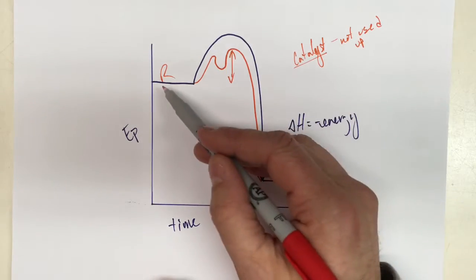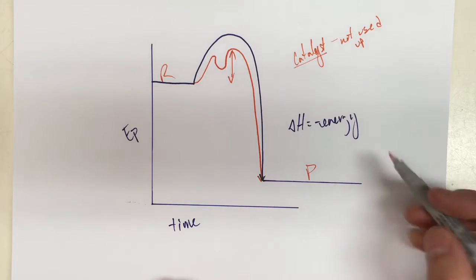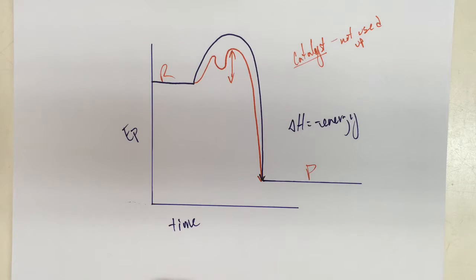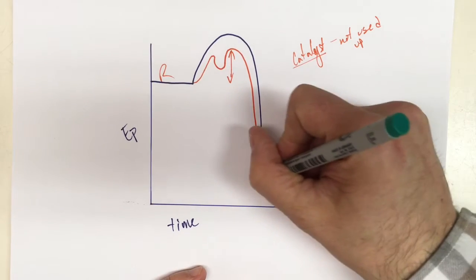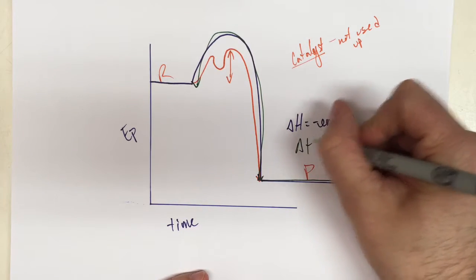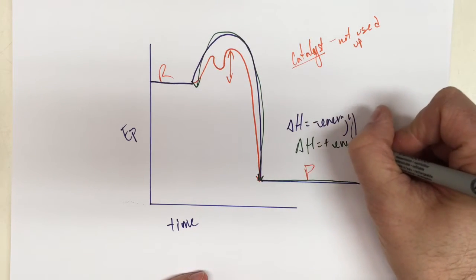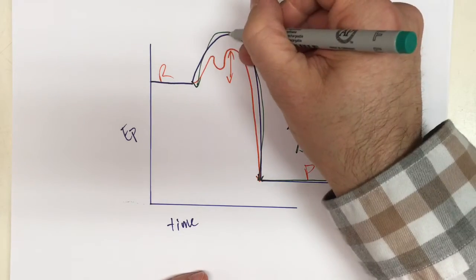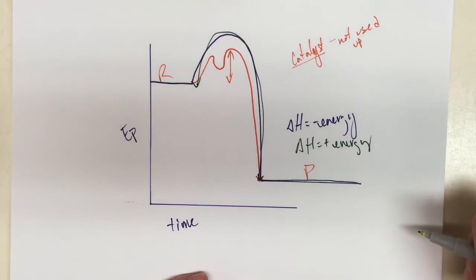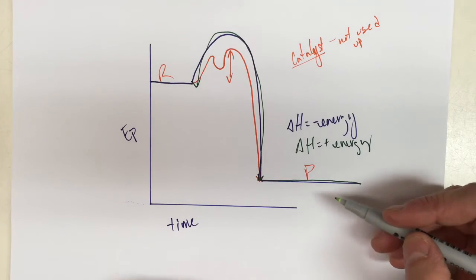Now, one thing about catalysts is that they promote the forward reaction, but you can also have the backwards reaction. The forward reaction here is exothermic, but if we were to instead go backwards, the enthalpy we know would be positive energy, but the catalyst is still going to work going forward or backward. So the catalyst reduces the activation energy.